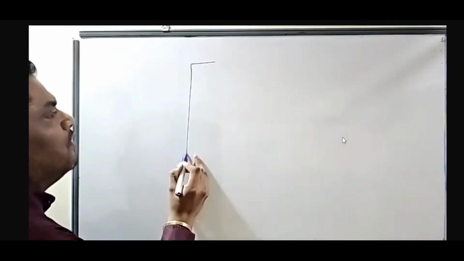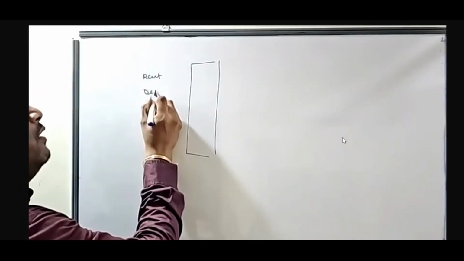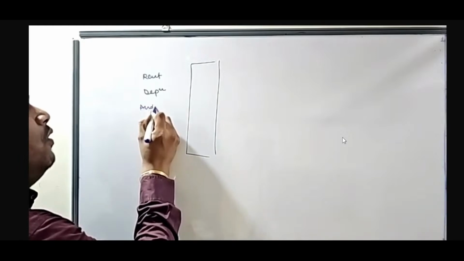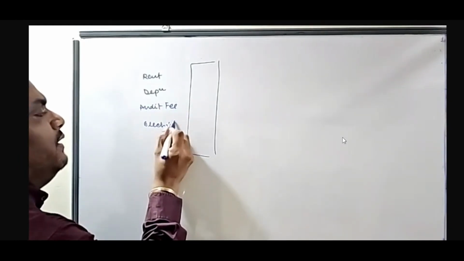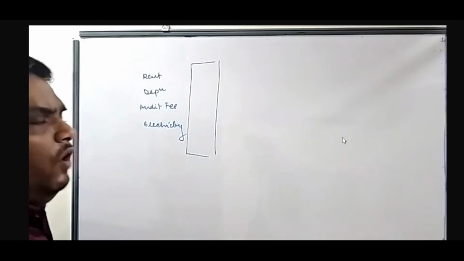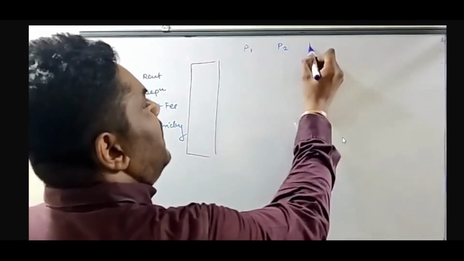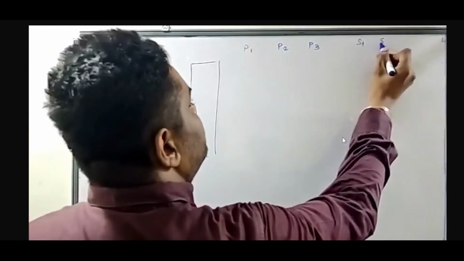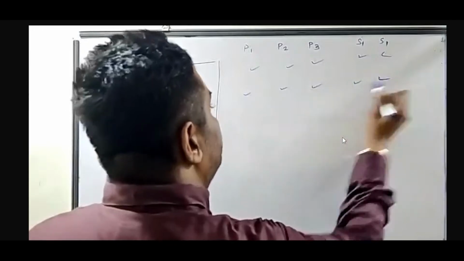See, what we used to do in overheads. Let's say these are the total overheads: rent, depreciation, audit fee, electricity, etc. What we used to do was distribute the overheads to the various production departments and various service departments.